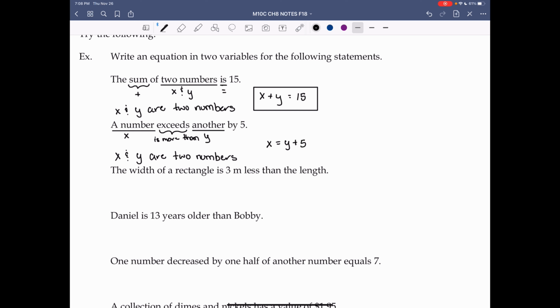Since x is 5 more than y, then we would have to add 5 to y to make it equal to x. Or another way we could write that, if we wanted to write it in terms of y, we could subtract 5 from x. X minus 5 would then equal y. Since x is 5 more than y, if we take 5 away from x, it would be the same value as y.